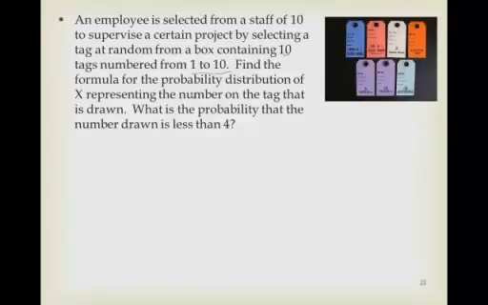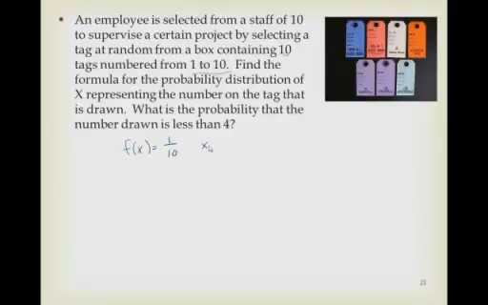Find the formula for the probability distribution of x representing the number on the tag that's drawn. What's the probability that the number drawn is less than 4? So this is pretty clearly a uniform distribution. The probability that you're going to draw any tag is going to be 1 out of 10.